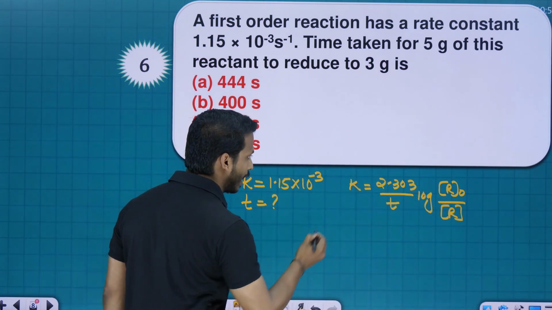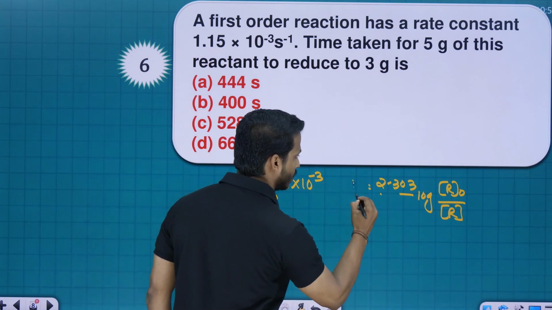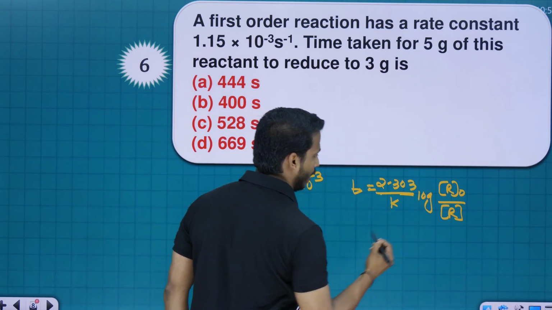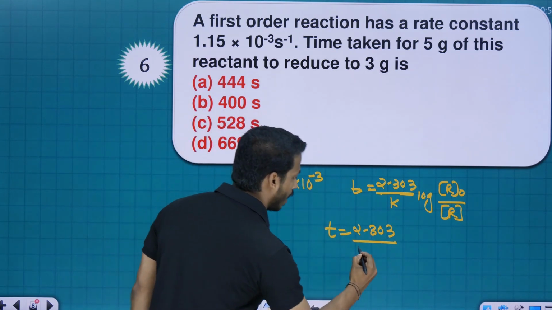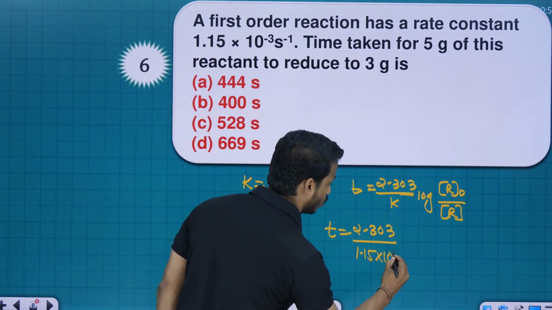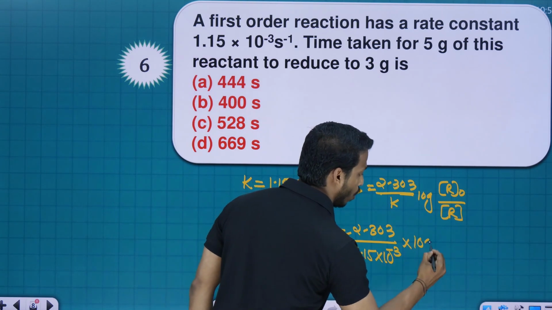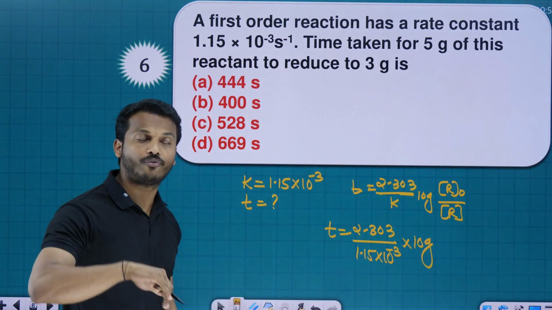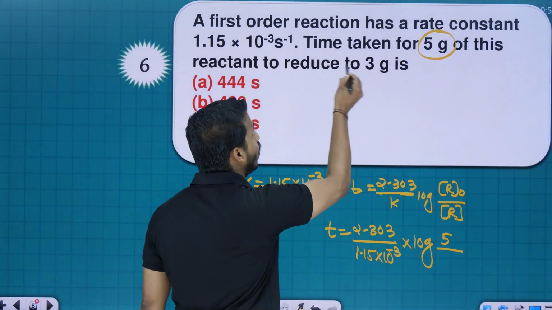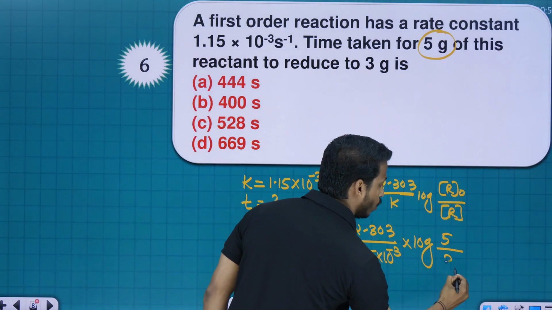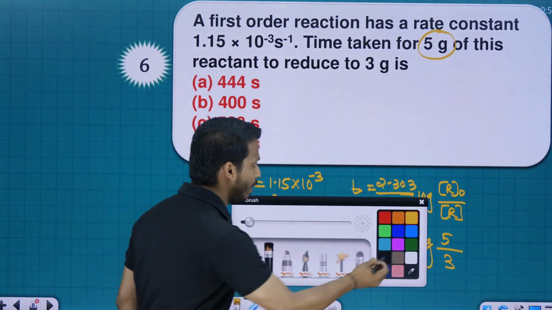So here we need to calculate time, right? So let me just exchange with the time. Time equals 2.303 divided by K. So time equals 2.303 by, what is the K value? 1.5 into 10 raised to minus 3, into log of, what is log? Initial and final. Initially it is 5 grams, finally what is left? 3 grams. So 5 by 3. What is log of 5 by 3?